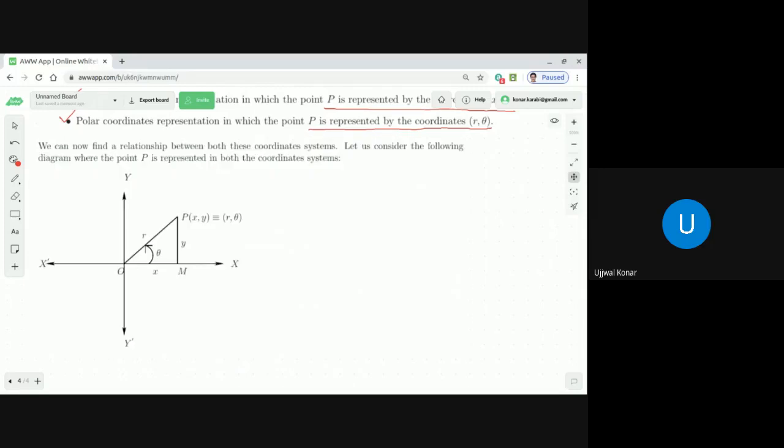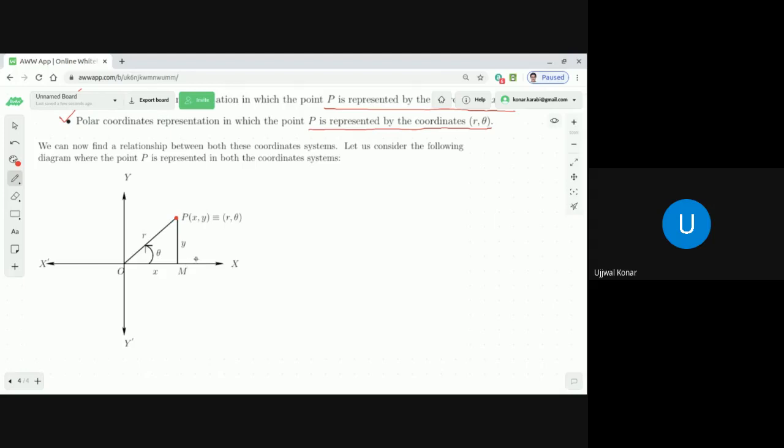Now, as you see, the same point P is represented as x, y and r, theta. From our fundamental understanding of the Cartesian coordinate system, we can say that OM is equal to x and MP is equal to y, correct or not? Where M is the foot of the perpendicular from the point P to the x-axis.